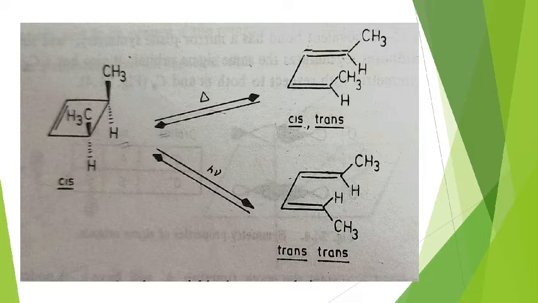The sigma bond of cyclobutene must break to yield the open chain diene. Obviously, this bond may break in two ways, either in a conrotatory way or in a disrotatory way.